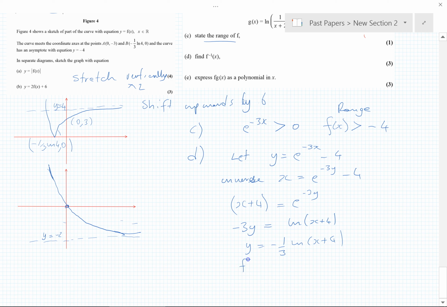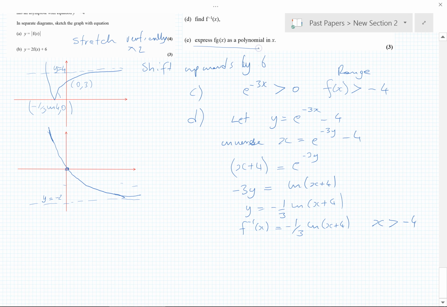But we better write it in the notation that we might be expected to, to make sure we can see it's an inverse. We've not fully defined a function unless we give the domain, but because we have a range here of f(x), that's y is greater than minus 4, the domain of the inverse will be the range of what the original function was, so that's x is greater than minus 4. Don't forget to do that, you will lose marks if you don't. Okay, and then finally part E.